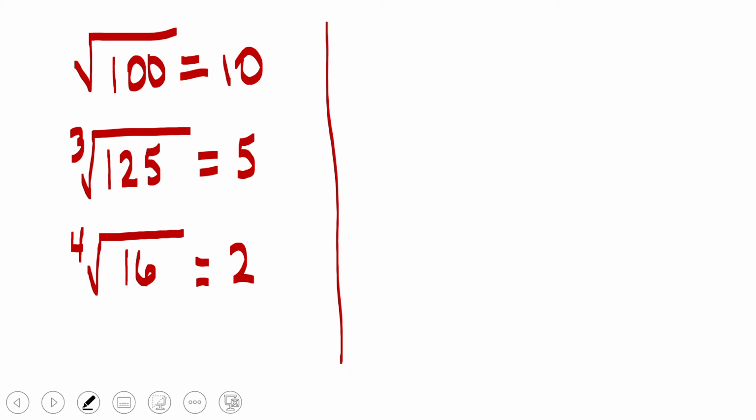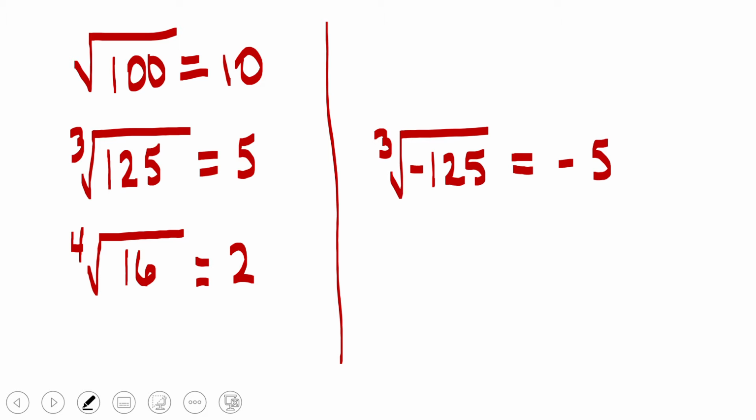We can have negative values under our root symbol. So if we have the cubed root of negative 125, then because our index is odd, a 3, we can say our value is negative 5.